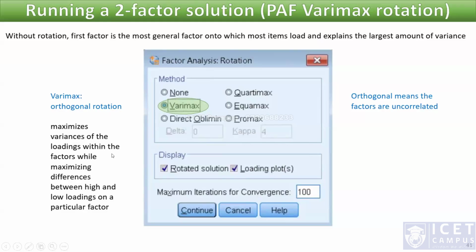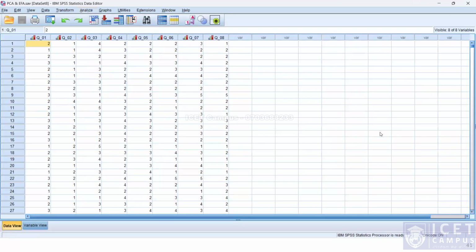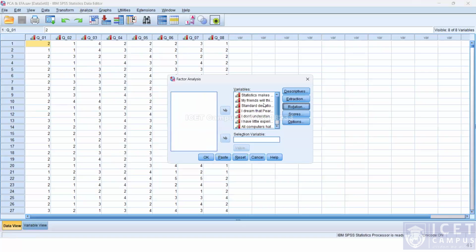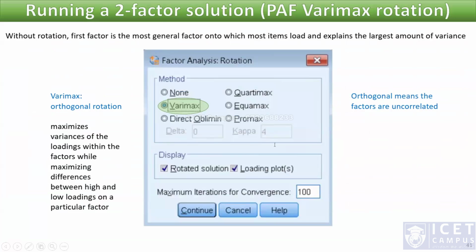So then we can go for the rotation method. We go to Analyze, Dimension Reduction, Factor, right? Rotation. Then the number of convergence iterations is given.